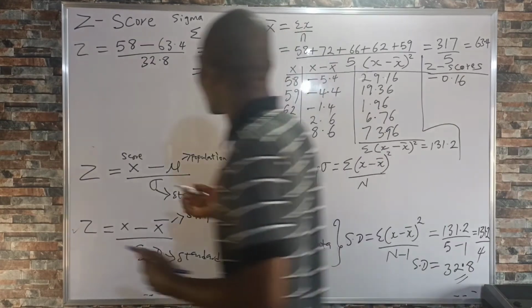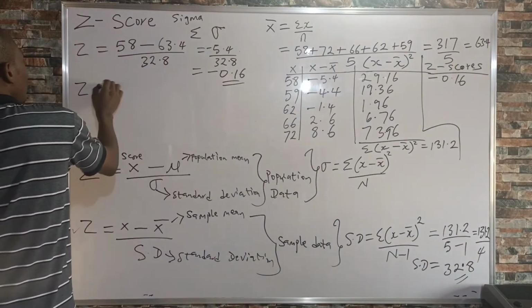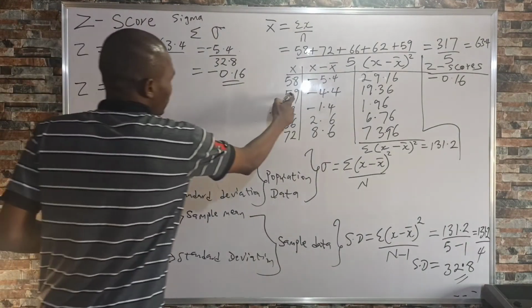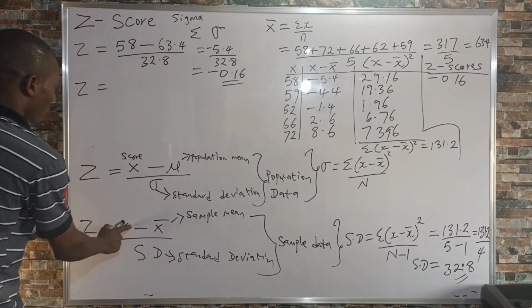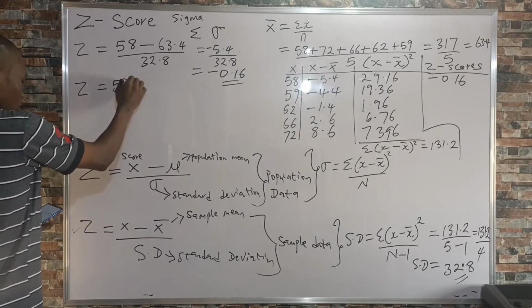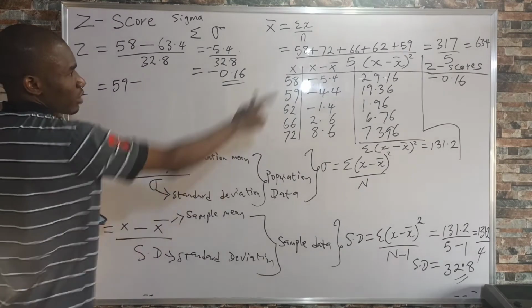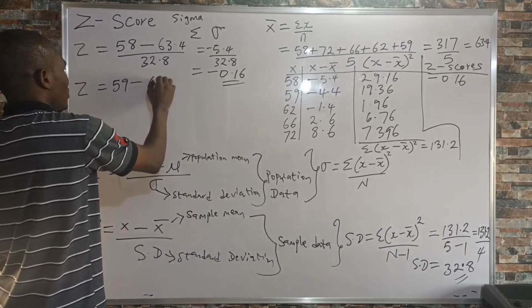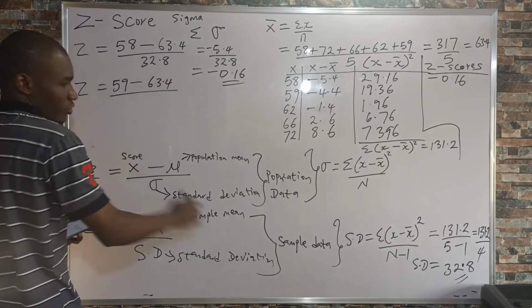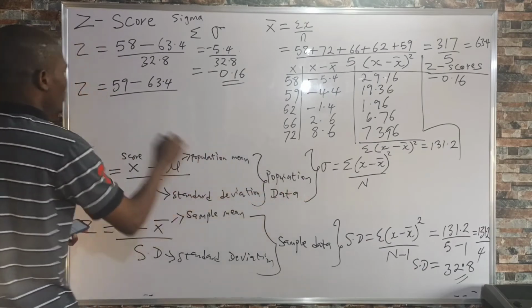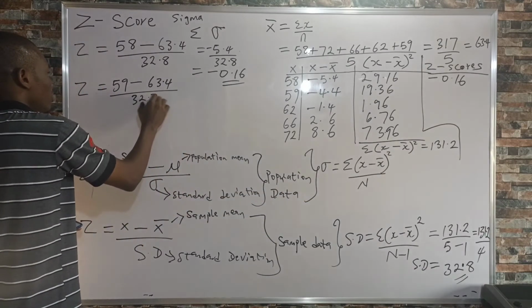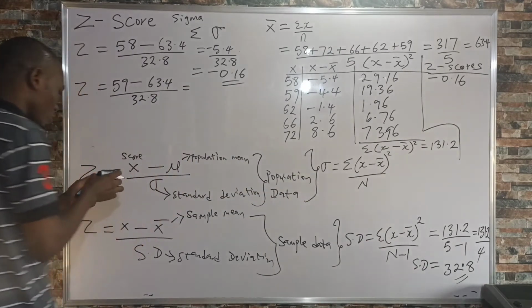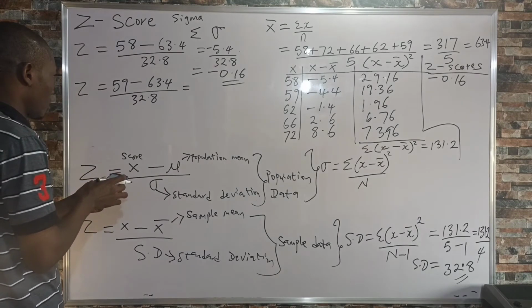Alright, let's also find the second one. The second one is 59. From the formula, our x is 59, then minus x-bar, which is our mean, 63.4, and that is all over our standard deviation of 32.8, and that is equal to, let's punch the calculator.